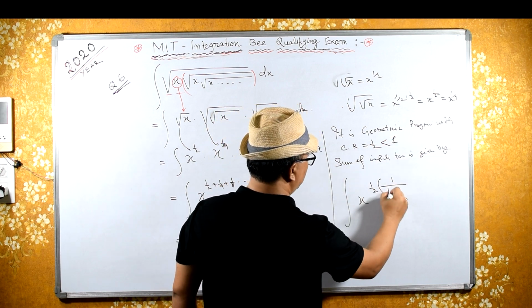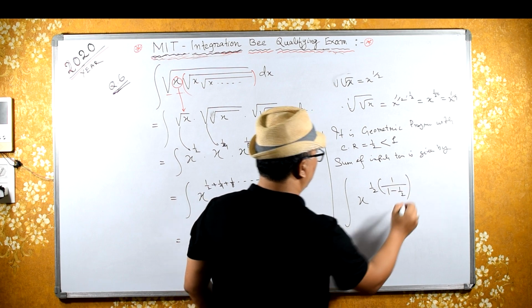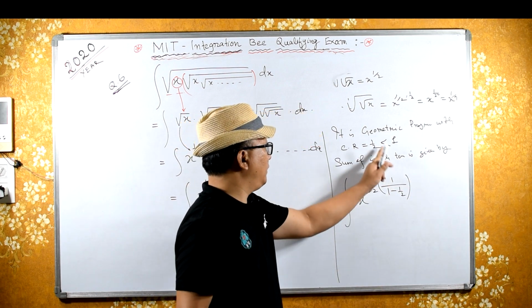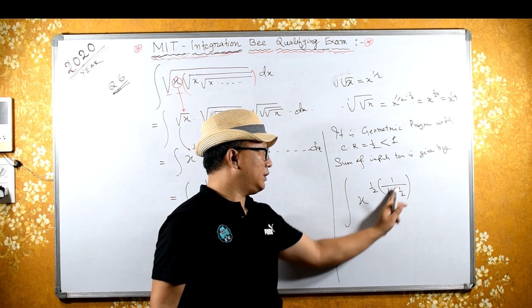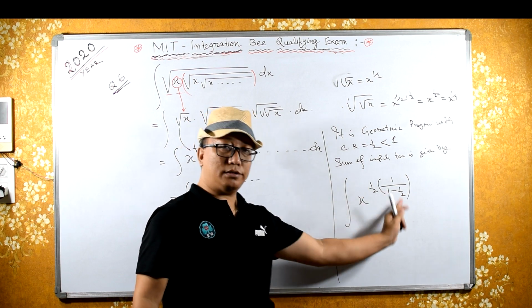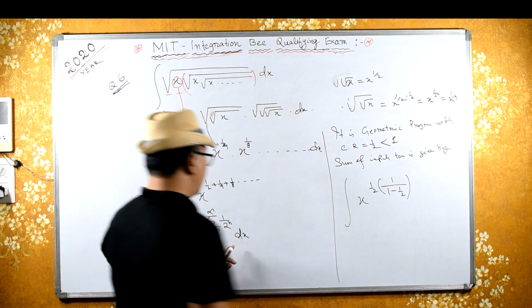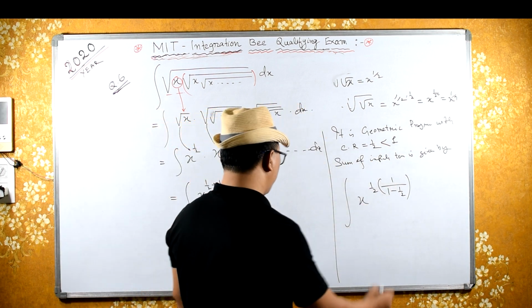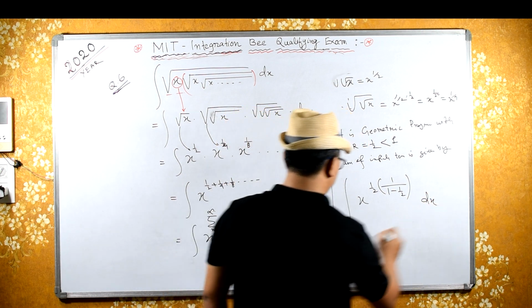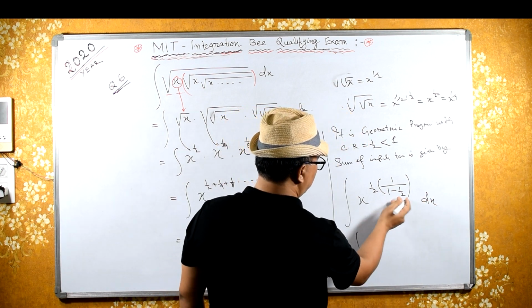Now you have to subtract from 1. If the common ratio is greater than 1, then you subtract 1 from the common ratio. Since the common ratio half is less than 1, this is the formula, into dx.